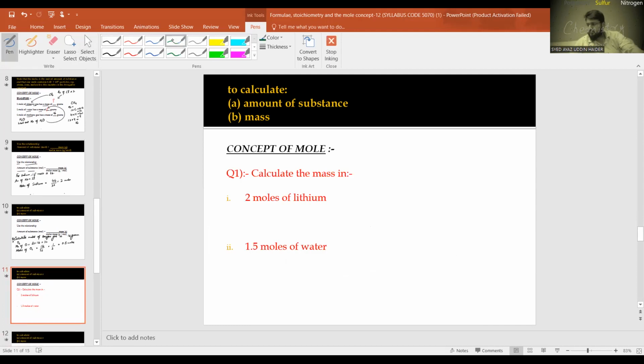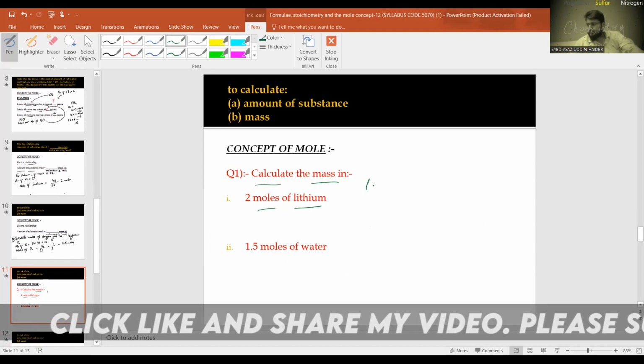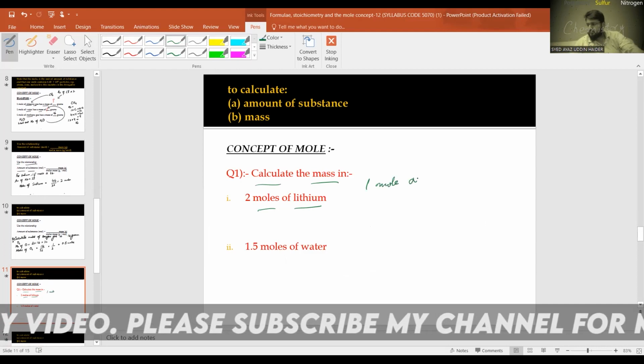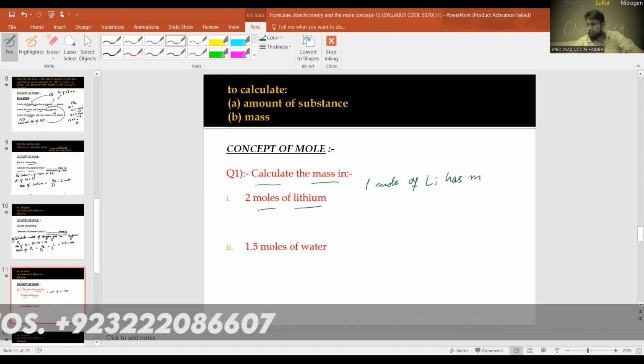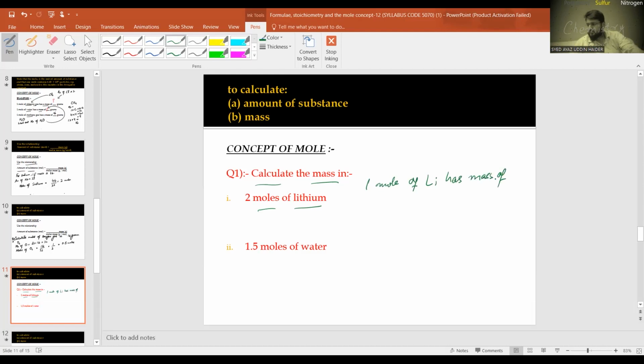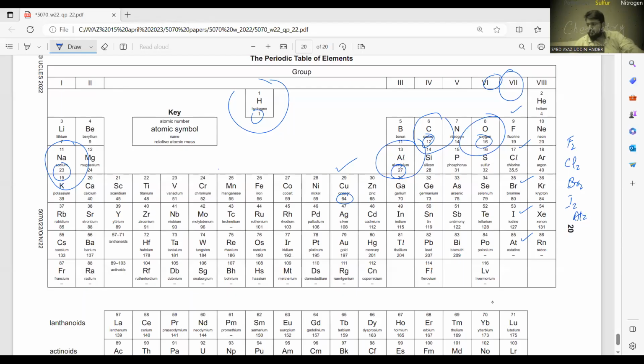Some work. Calculate the mass in 2 moles of lithium. Now I want to find the mass of lithium in 2 moles of lithium. 1 mole of Li has a mass of, I have to write the AR of lithium. Look at the periodic table. AR of lithium is 7. Here we have lithium.